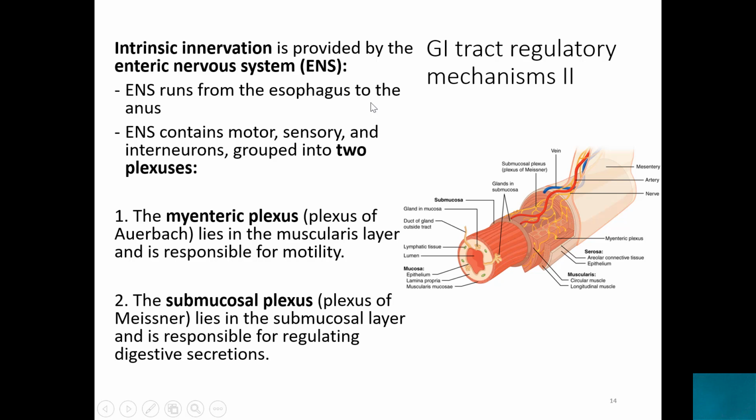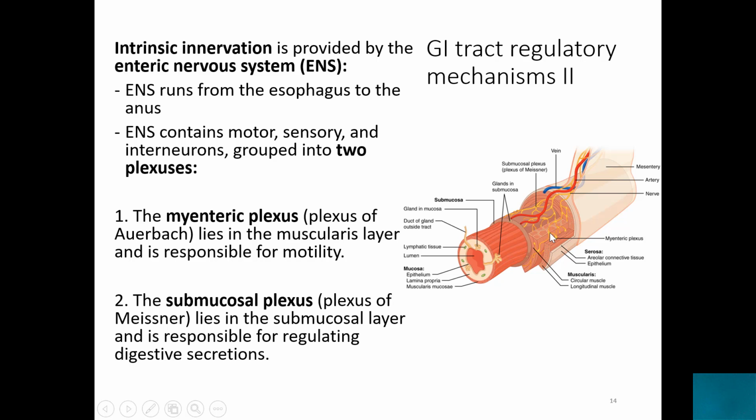It runs from the esophagus to the anus, and it contains motor, sensory, and interneurons grouped into two plexuses that you can see in this picture. Myenteric plexus is right here, and it's located in the muscularis layer. It's responsible for movement, for motility.